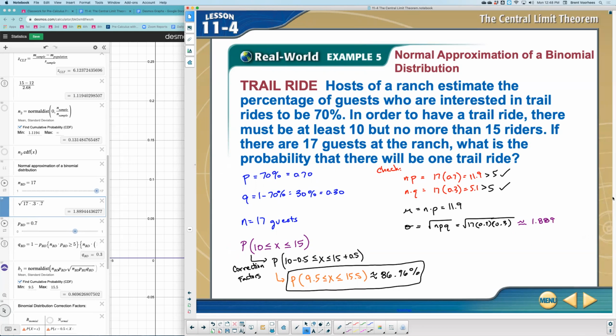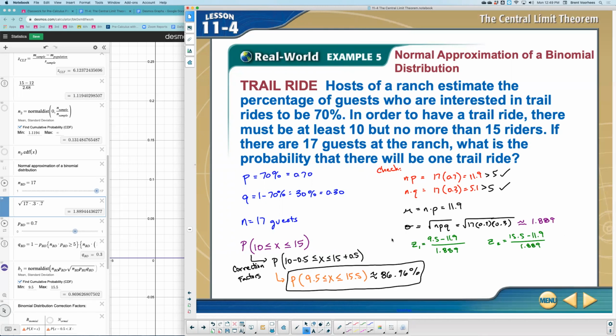And now if you wanted to find your z value, you would need to use these two x values. So we'd have two z values. Z1 would be 9.5 minus 11.9 divided by that 1.889. That would be your first z value. Your second z value that you would have to find for this particular problem, you would take 15.5 minus the 11.9 and divide that by the 1.889.